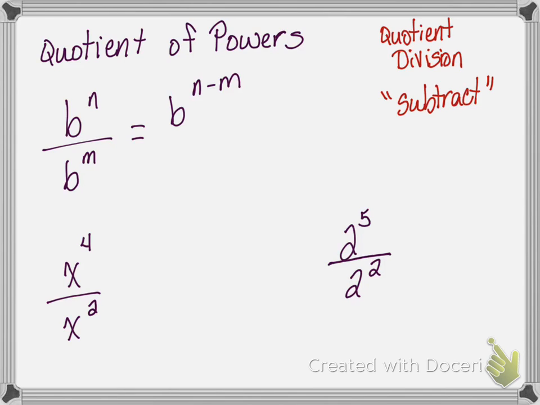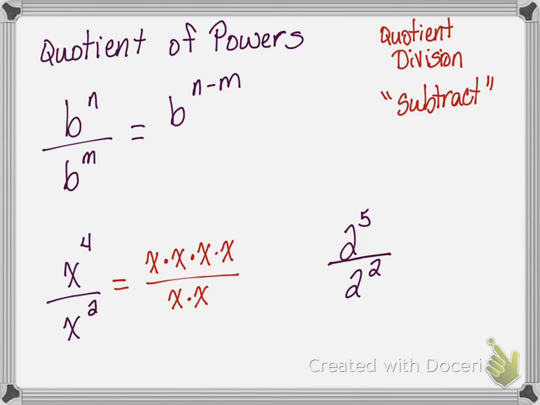So let's think about what this x to the fourth over x squared means. Let's think about what it means. Okay? X to the fourth means x times x times x times x. It's x multiplied by itself 4 times. X squared means x times x.